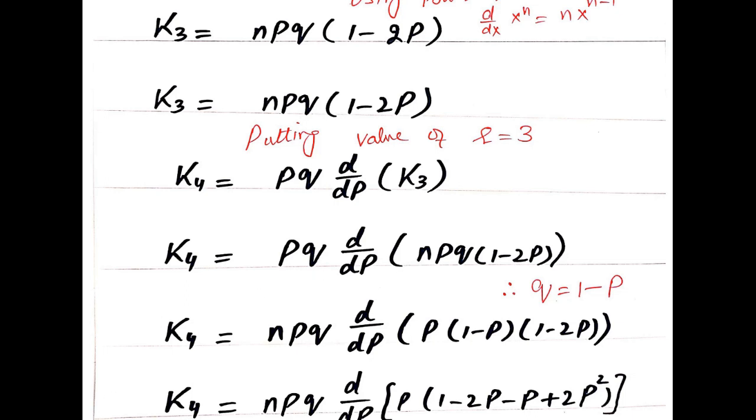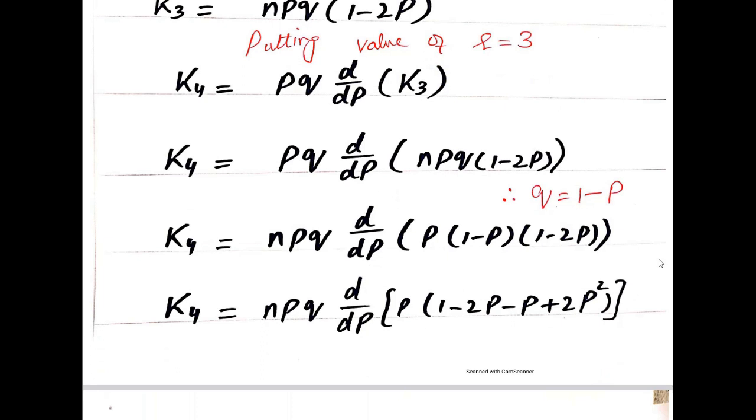So k4 is equal to npq, take n outside, p, put the value of q as 1 minus p. As you know, q is equal to 1 minus p, and q plus p is equal to 1 minus 2p.